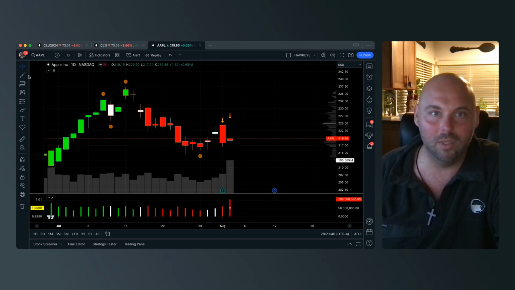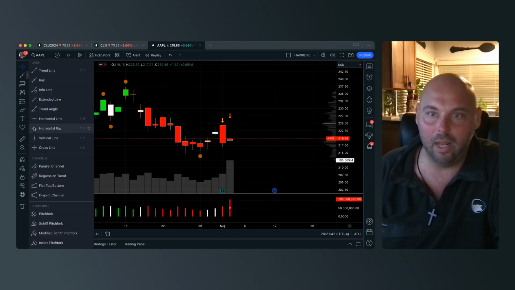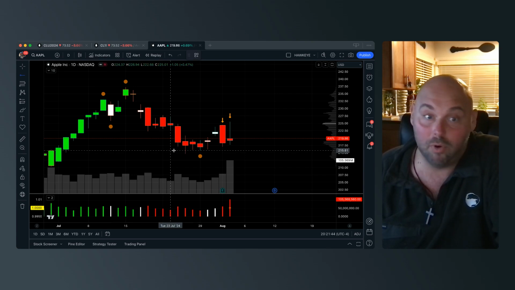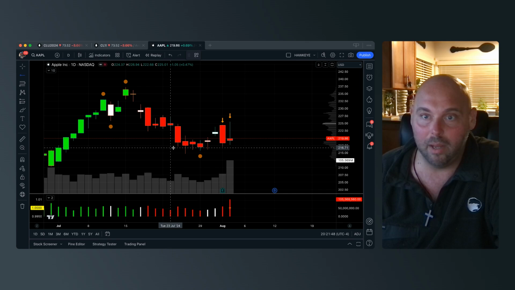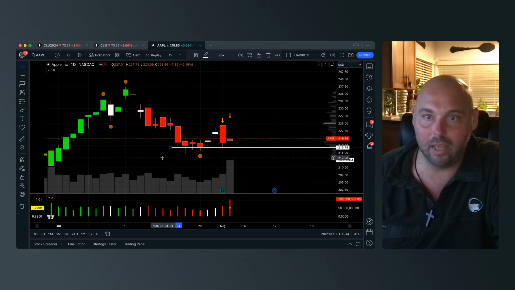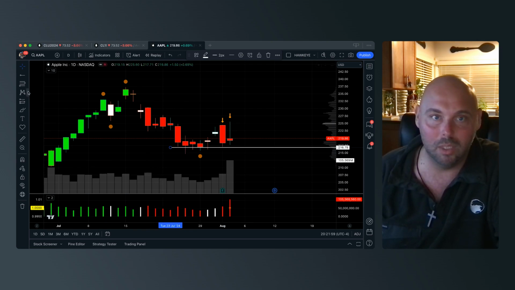So what's a key area for me? I like closing prices. That's just a technique that I've used throughout my career. Some people like to use the wicks. I like to acknowledge both of them. So that area right there, price has not been able to successfully close below.